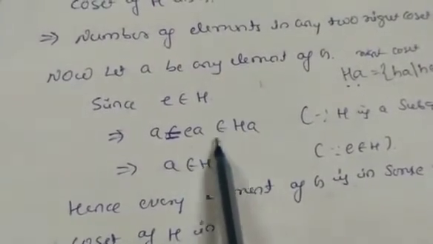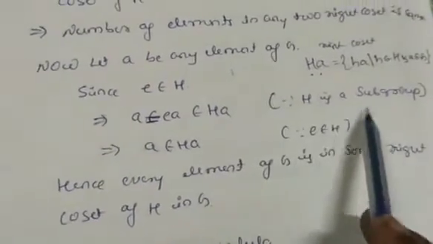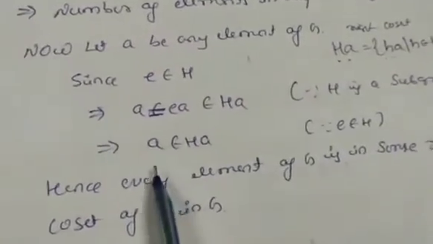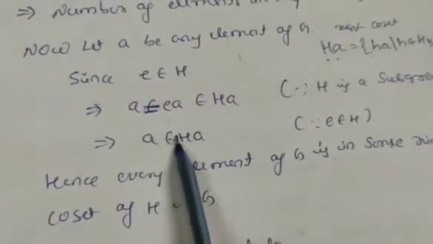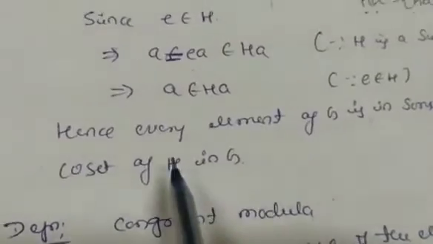It belongs to Ha because e belongs to H and a is the same, since H is a subgroup. So we know a belongs to Ha because e belongs to H.